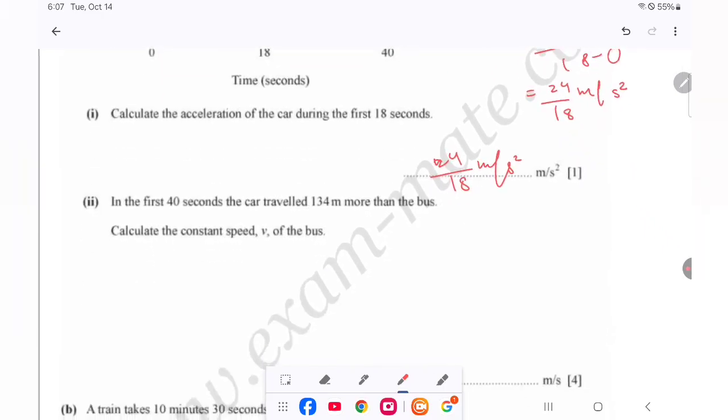Now in the first 40 seconds, the car traveled 134 meters more than the bus. Calculate the constant speed v of the bus.